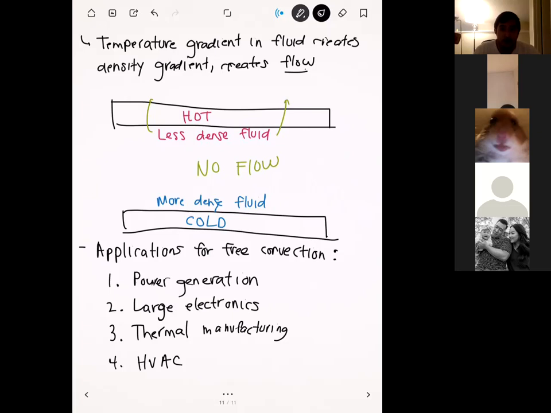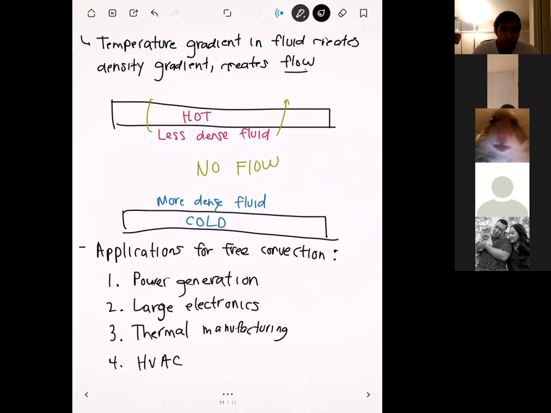I meant making the circuit boards themselves. Ah, I see. There you'll see the geometry that we usually work with here. We're going to work mostly with a vertical plate, and circuit boards have a decent amount of length. That might be one application where, especially if your parts are really heating up, you have free convection in there.